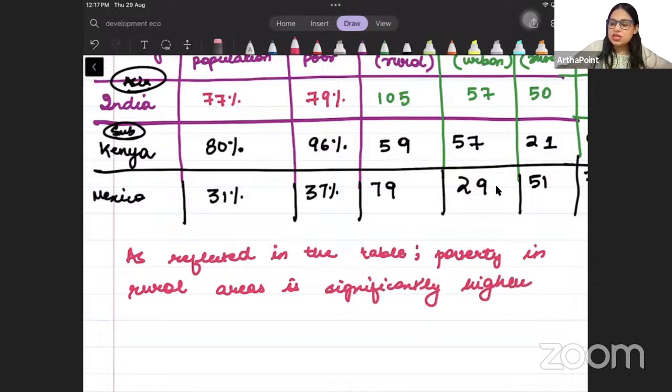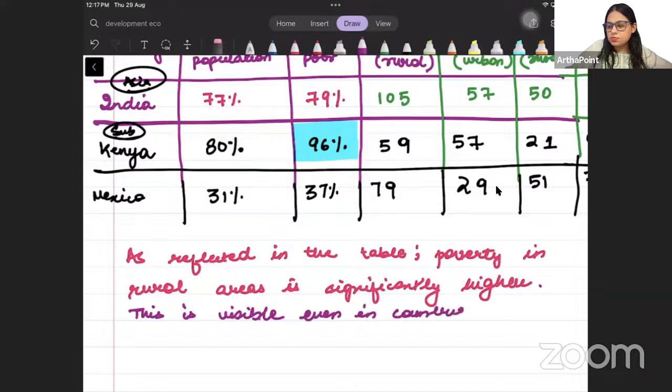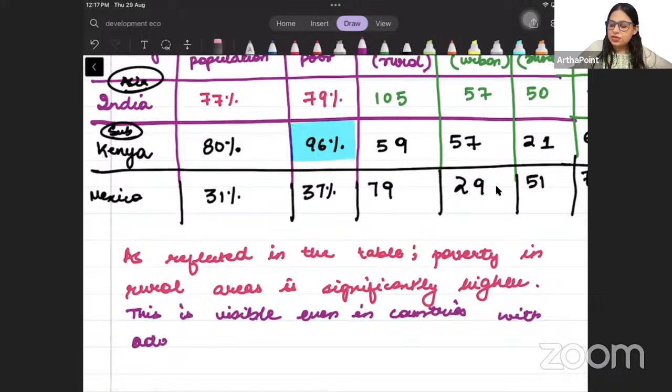Especially see Kenya, where 96% of people who live in rural areas are poor. It's a very big number. Almost everyone is poor. And this is visible even in countries with advances in agriculture.